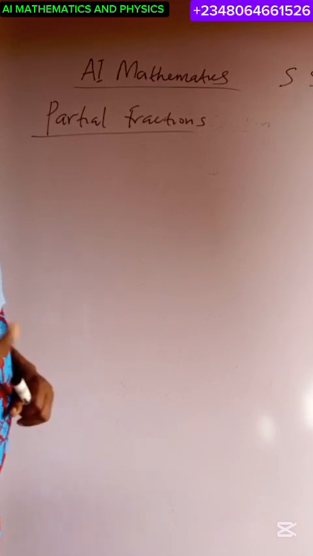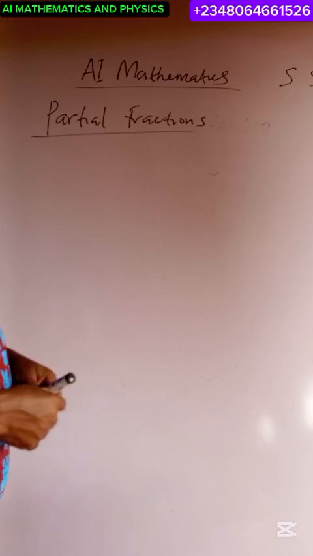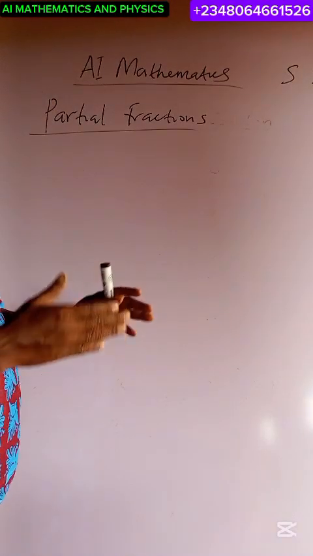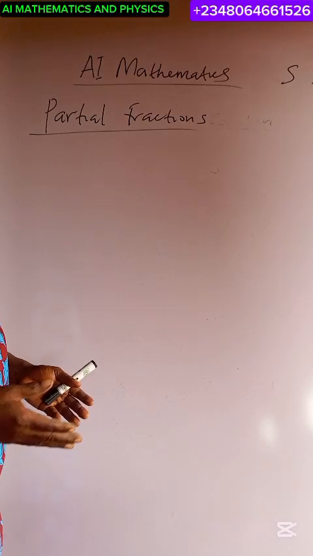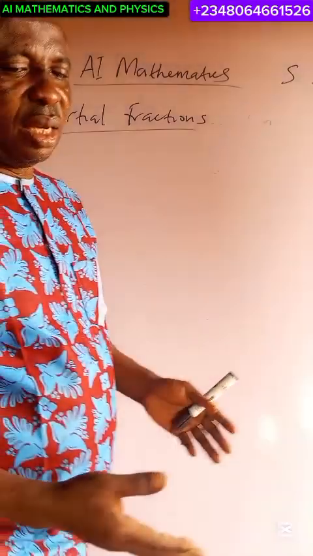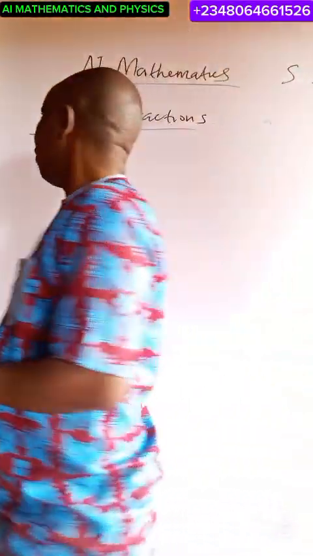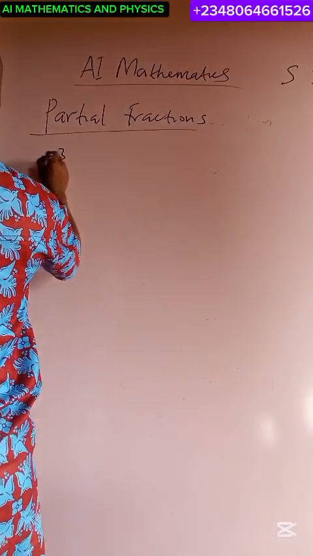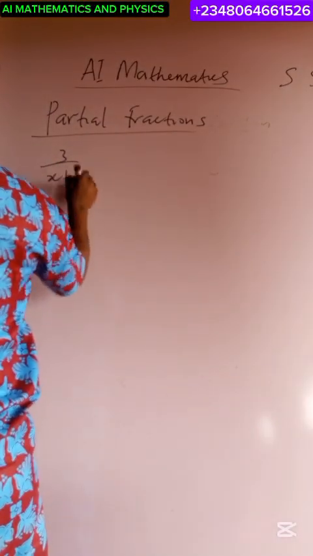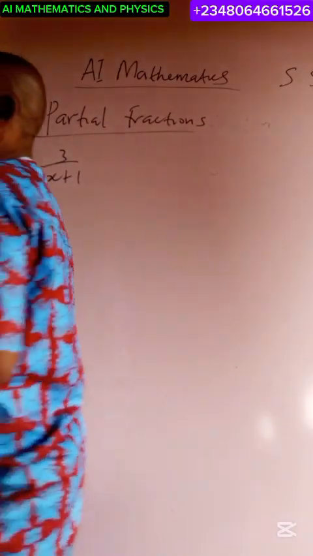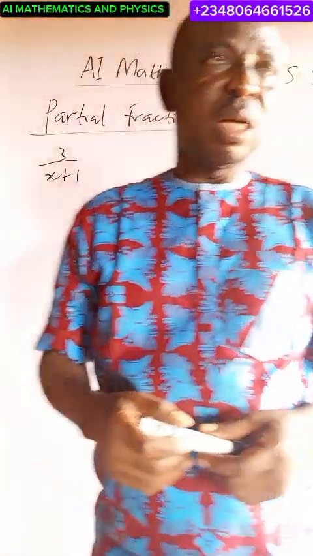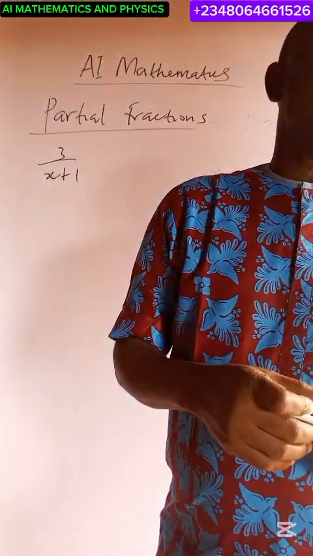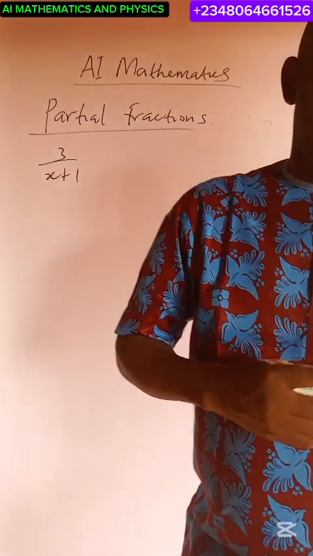And what do I mean by algebraic fraction? Algebra has to do with numbers and letters. Let's say you have 3 over x plus 1. You can see that it contains numbers and also contains letters, x.